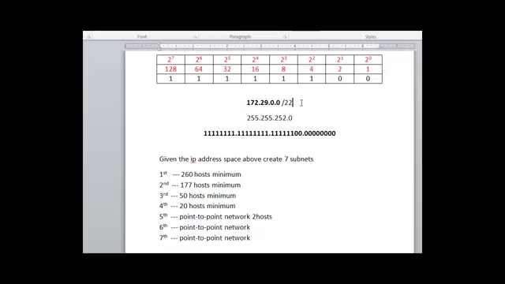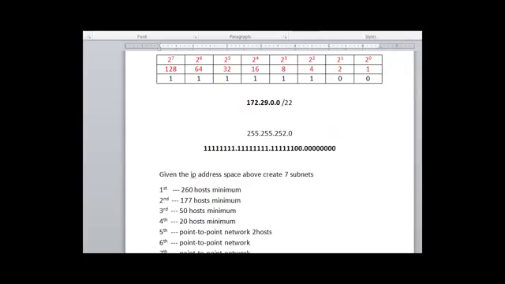And if that's the case, then the next network would be 172.29.4.0/22, let's say. So that would be the next network. And if that's the next network, then that means that this network goes from 172.29.0.0 to here.